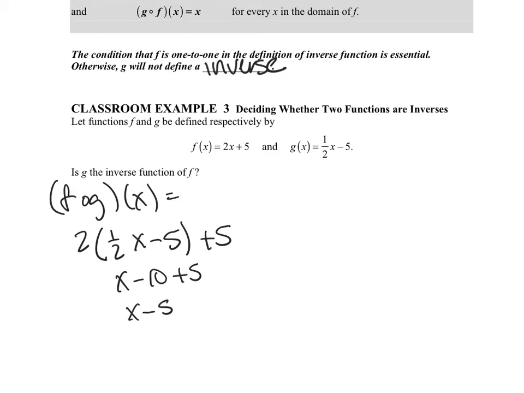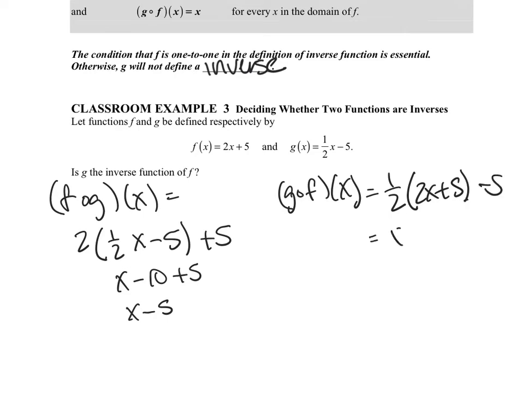That doesn't equal x, so this is going to be a no. If I did g of f of x, I get 1/2 times (2x plus 5) minus 5, so I get x plus 5/2 minus 5. So it's still no.